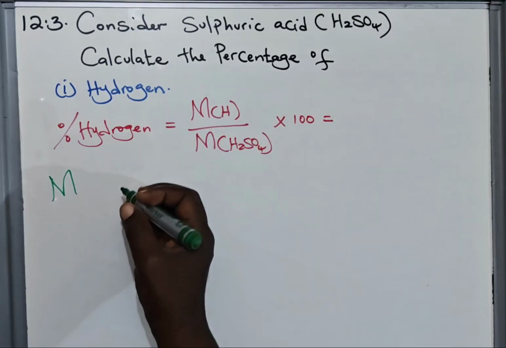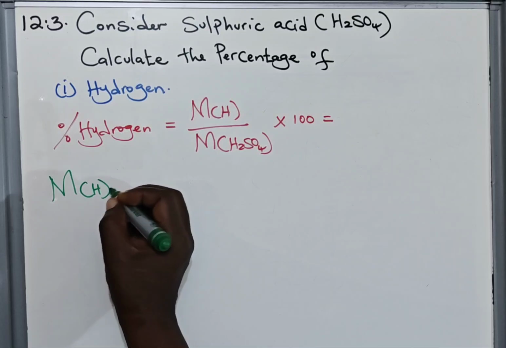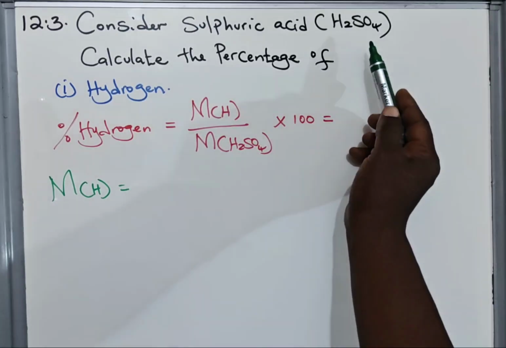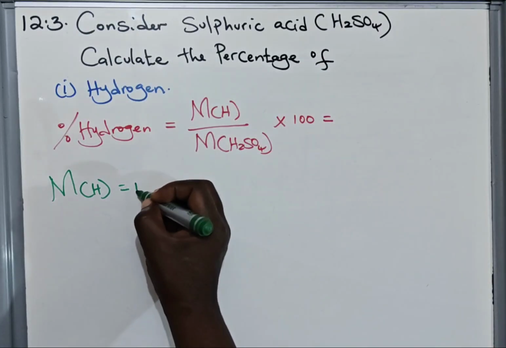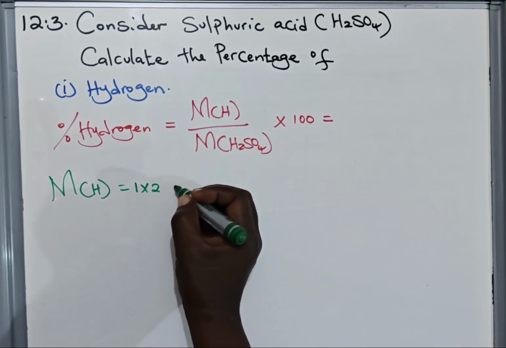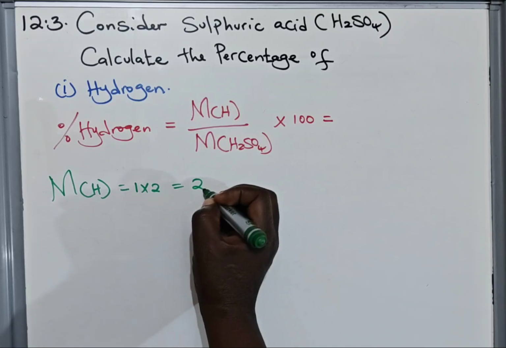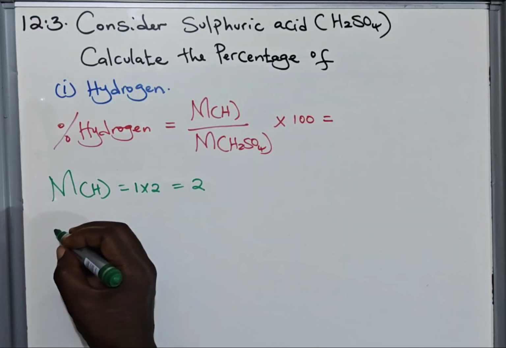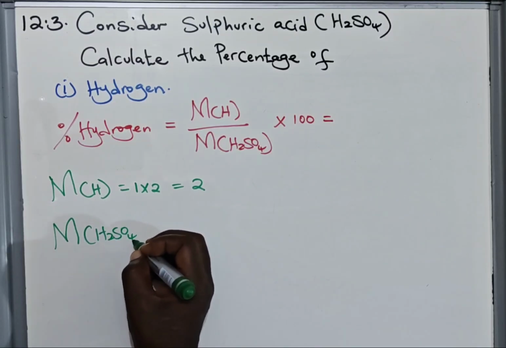So the question is, what's the mass of hydrogen in this compound? Yeah, it is H2. So it's going to be 1 times 2, which is 2. Okay, and then what's the mass of sulfuric acid in this compound?